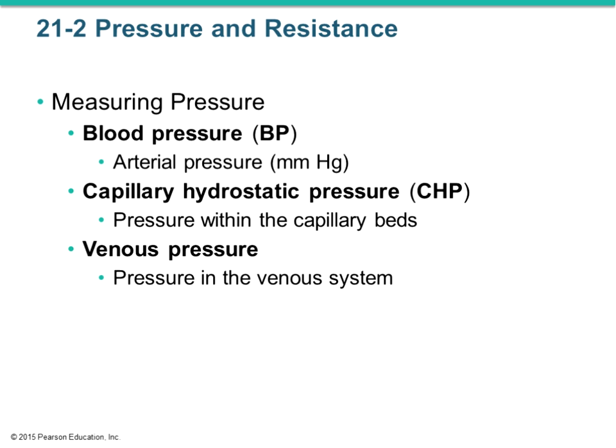Okay, so measuring pressure, obviously you guys are all familiar with having your blood pressure read. We'll get to play around with that in lab a little bit where we can get our blood pressure read, and that is measuring the pressure in the arteries, right? And I talked a little bit about this when I mentioned systole and diastole, but the pressure reading in the arteries during contraction and relaxation is measured in millimeters of mercury, right?